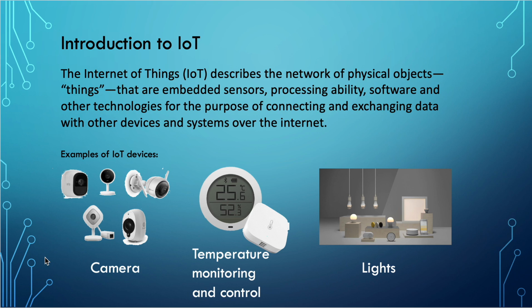The first thing that comes to mind is surveillance. For security purposes, we need surveillance, right? If you take this example over here, you can see this security camera is directly connected to the network through wireless technology.